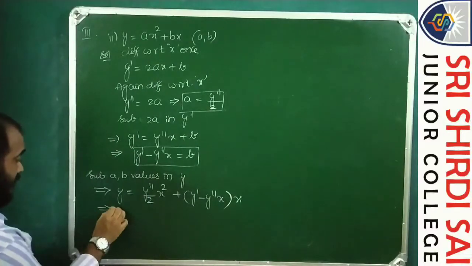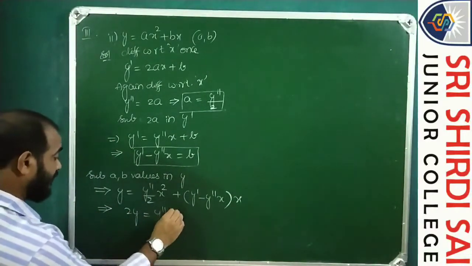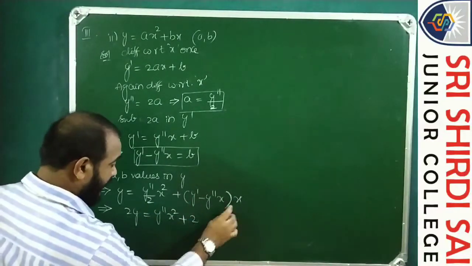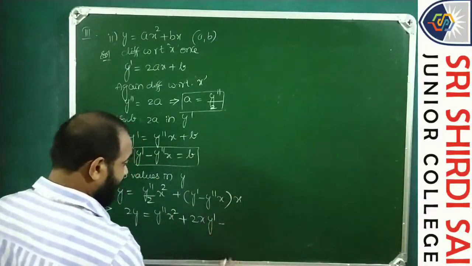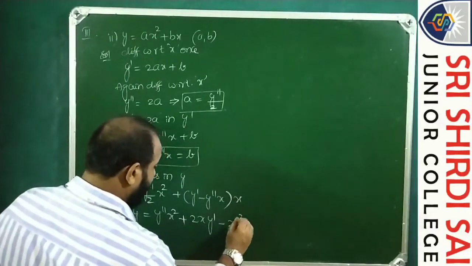This is 2y is equal to y double dash x square plus 2 into x into y dash minus 2 into x square y double dash.